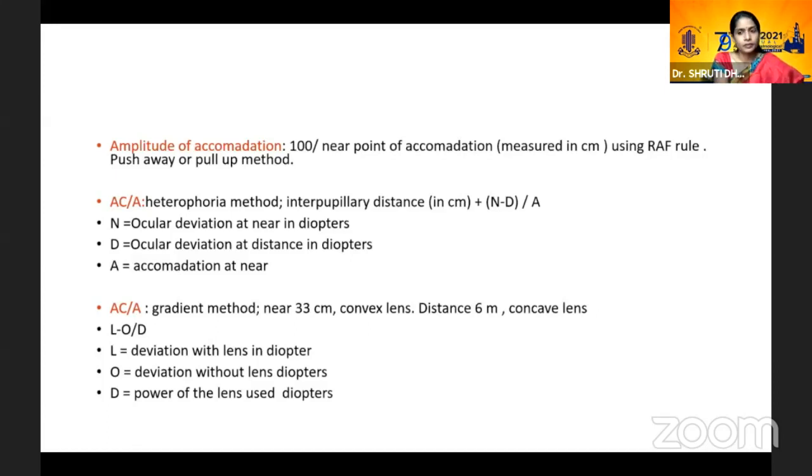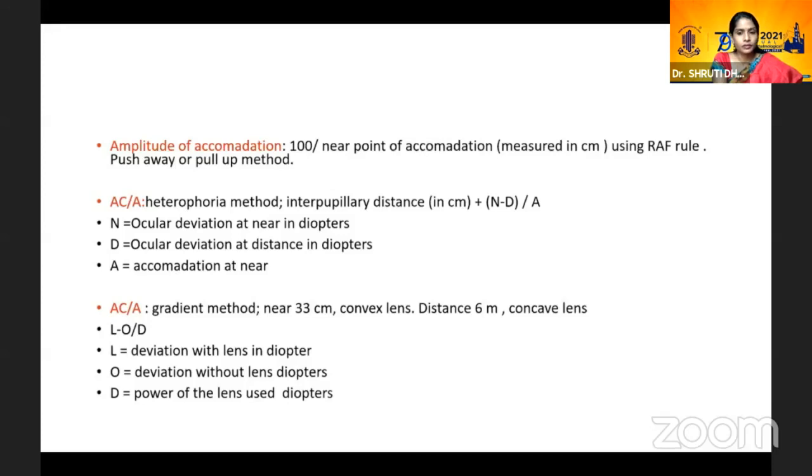The AC/A ratio can be measured by the heterophoria method or by the gradient method. In the heterophoria method, the measurement is IPD in centimeters plus N minus D divided by A. N minus D is in diopters. The AC/A ratio by the gradient method can be measured in two ways. If you're measuring at near, which is 33 centimeters, use convex lenses.